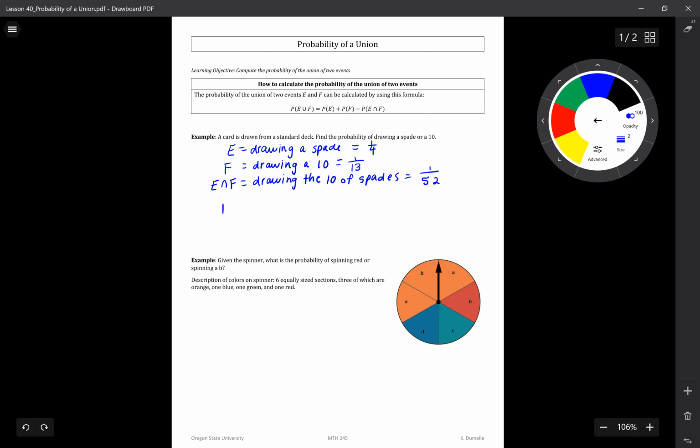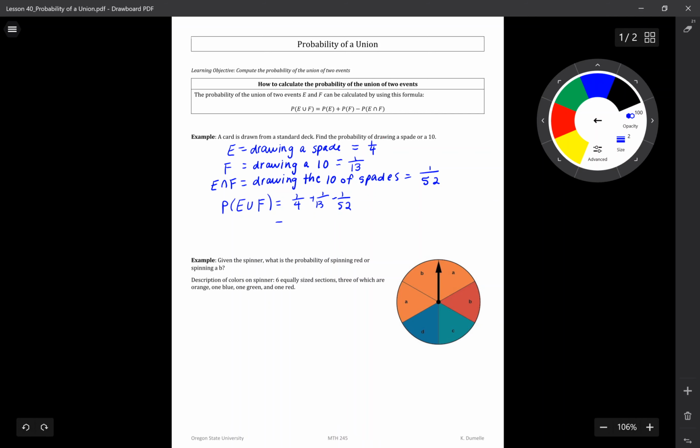So the probability of drawing a spade or drawing a 10 is 1/4 plus 1/13 minus 1/52.